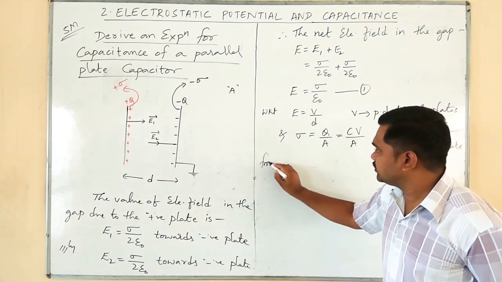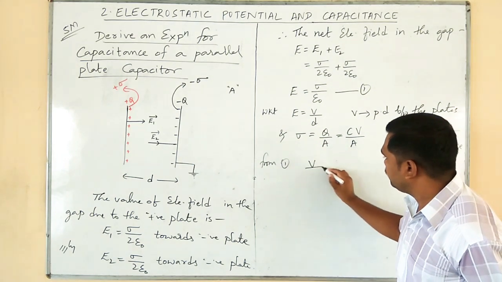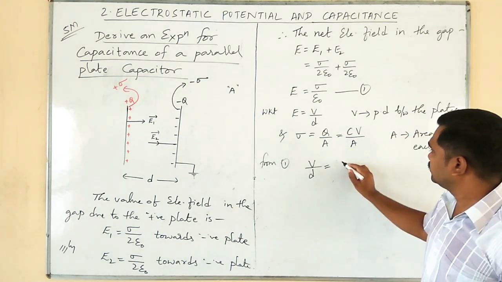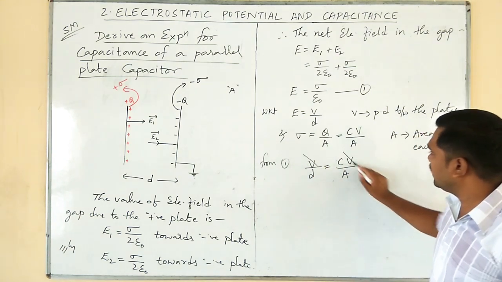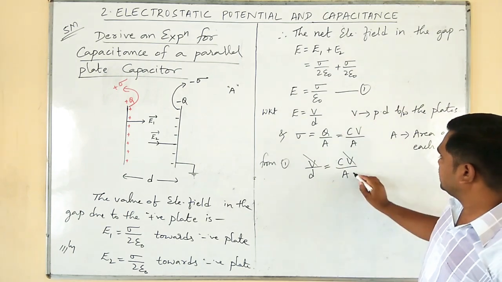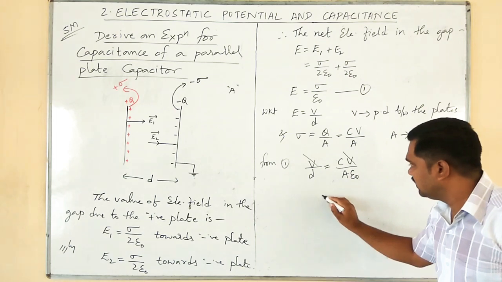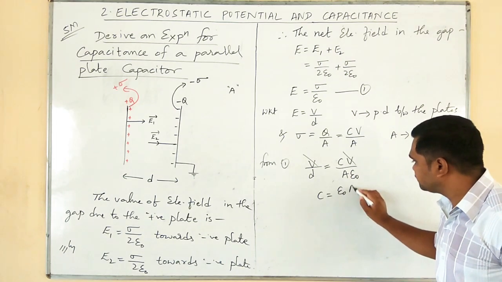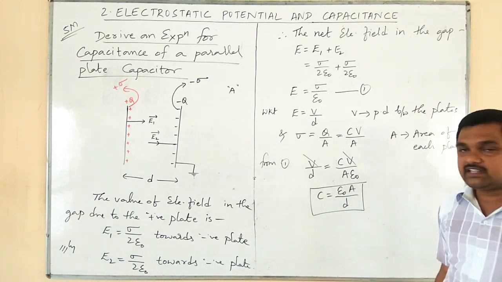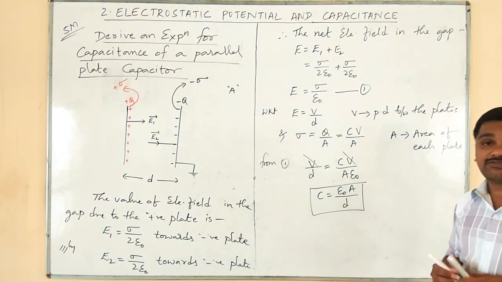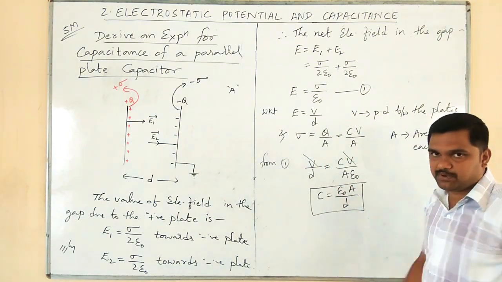Therefore, from equation 1, we can write V upon d is equal to CV divided by A epsilon naught. V cancels. Hence, C is equal to epsilon naught A divided by d. This is the expression for capacitance of a parallel plate capacitor when air is present in the gap.